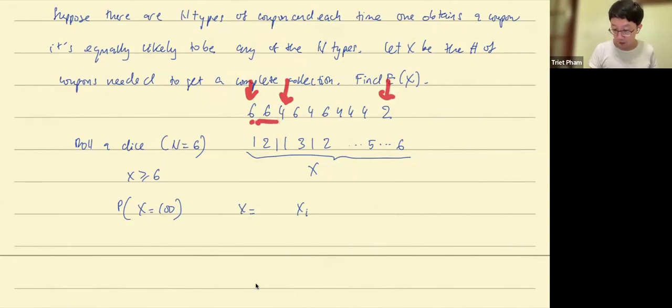And basically, in between is the wait time to obtain a new type.